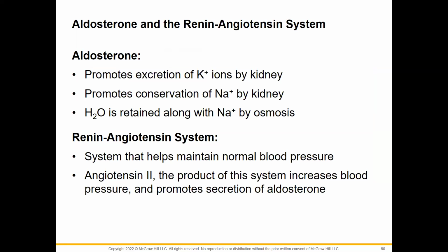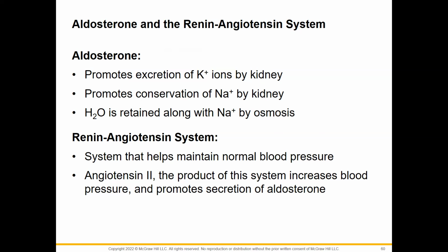All right, well, I forgot that this slide was here. So let's go ahead and talk about aldosterone and the renin-angiotensin system now. But again, we will talk about it again when we're talking about the urinary system, because as you see, the functions occur in the kidneys. So aldosterone, remember, it is a mineralocorticoid. And the minerals that we're talking about are the electrolytes. Remember, electrolytes are ions.